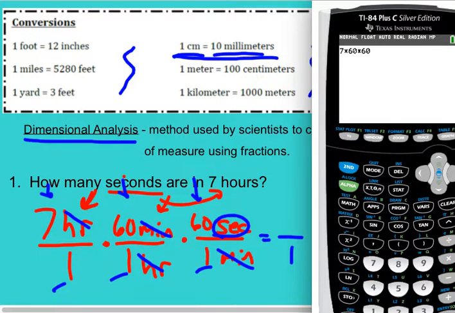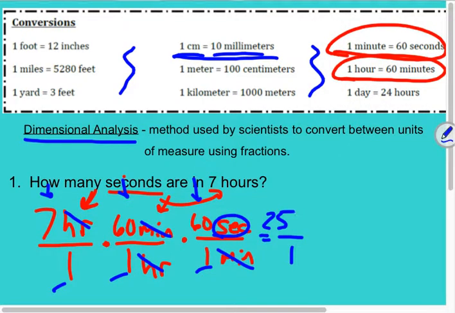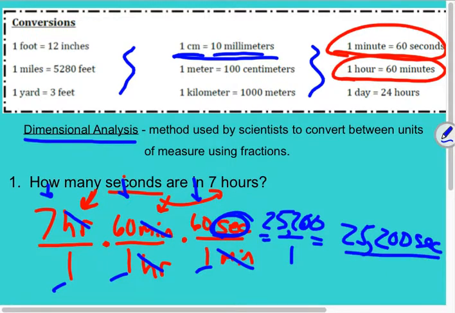And I'm just going to hit enter, and we get 25,200. And it's in seconds, so it's 25,200 seconds. That's one way to do it.